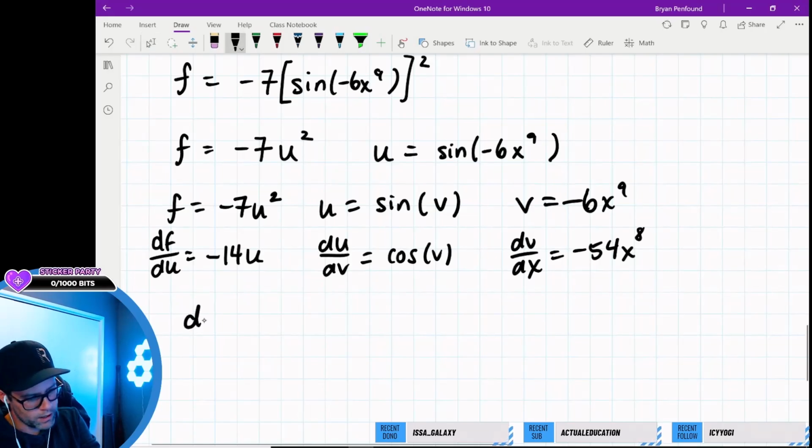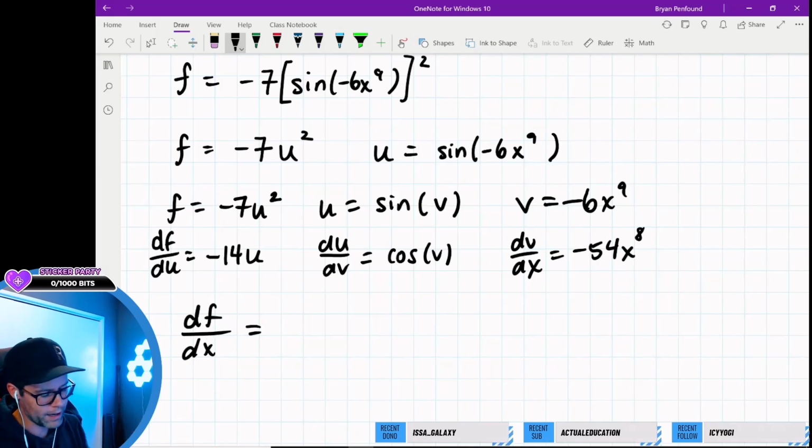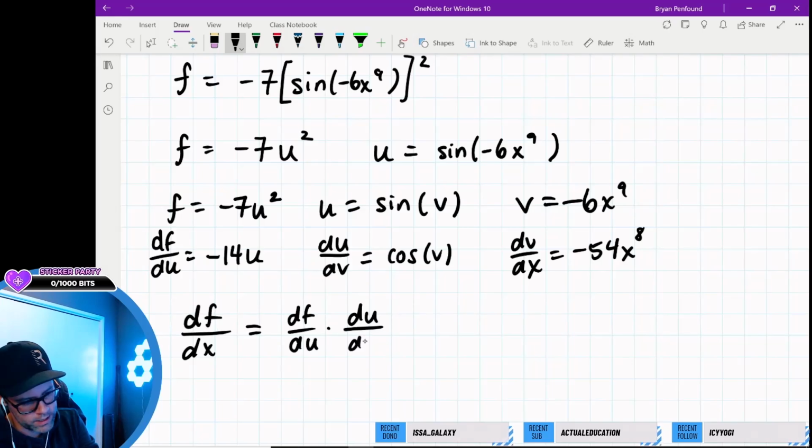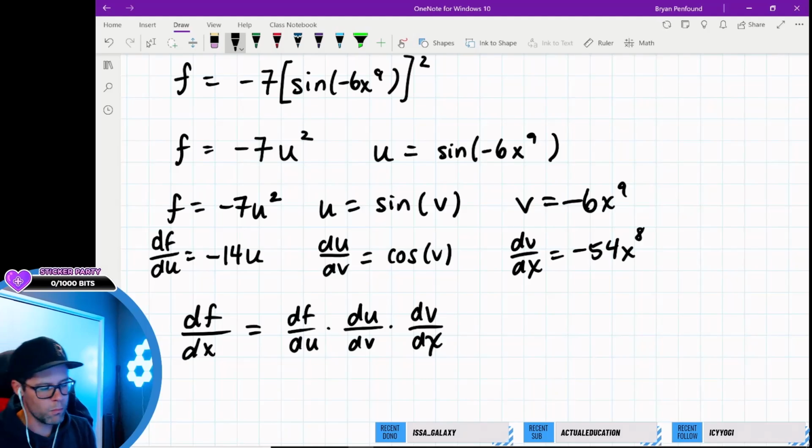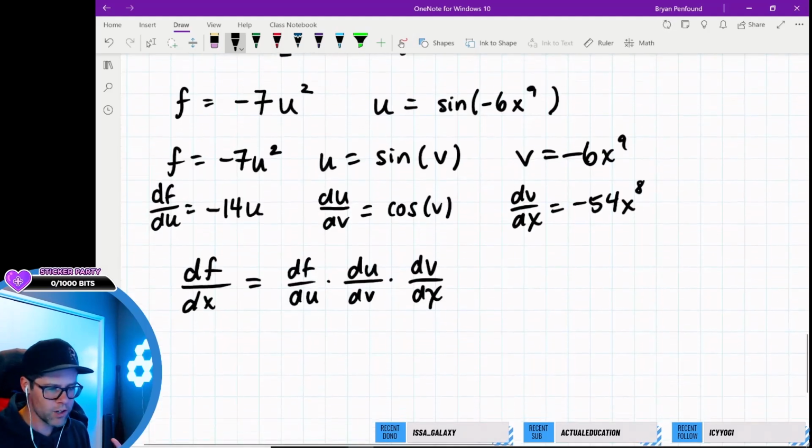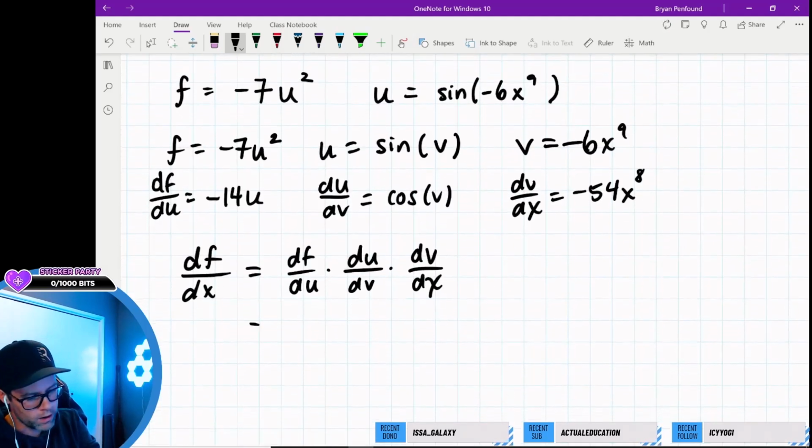And Leibniz rule lets us do that pretty easily. So if we want df over dx, or the derivative of f with respect to x, we need df du times du dv times dv dx. So we just do a big chain of these three multiplications, and then we'll have to work on some back substitution once we write this all down.